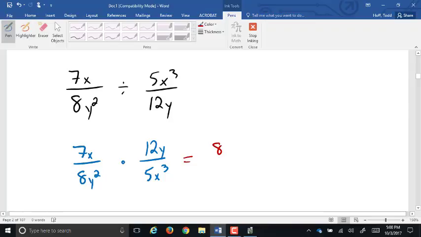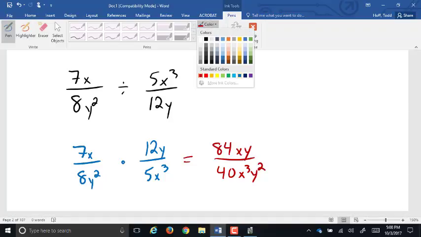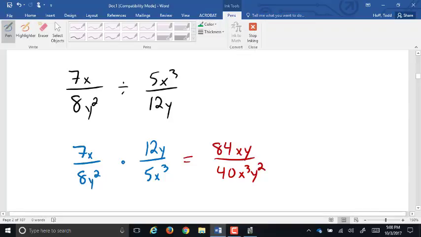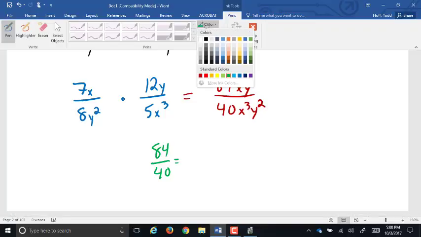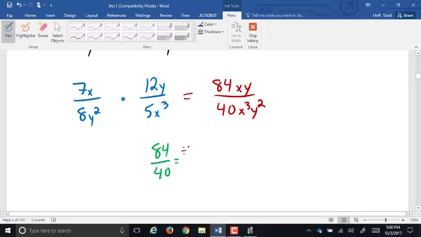7x times 12y is 84xy. 8y squared times 5x to the 3rd is 40x to the 3rd y squared. And we just have to reduce. 84 over 40, both of those can be divided by 4. 84 divided by 4 is 21. 40 divided by 4 is 10.